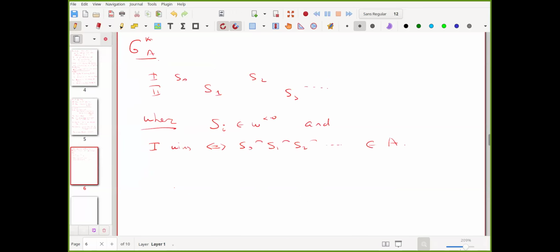So if AD holds, then this game is determined. Are these sequences non-empty? Yes, yes. I don't think it's important, right?